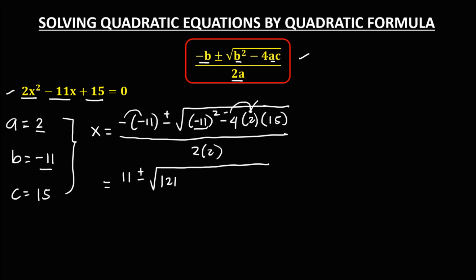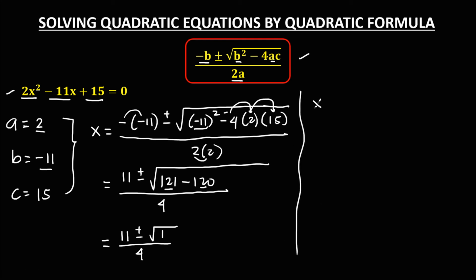And negative 8 times 15, that's negative 120. Then over 2 times 2, that's 4. Then simplify, so we have 11 plus minus the square root of 121 minus 120, that's 1, then over 4.